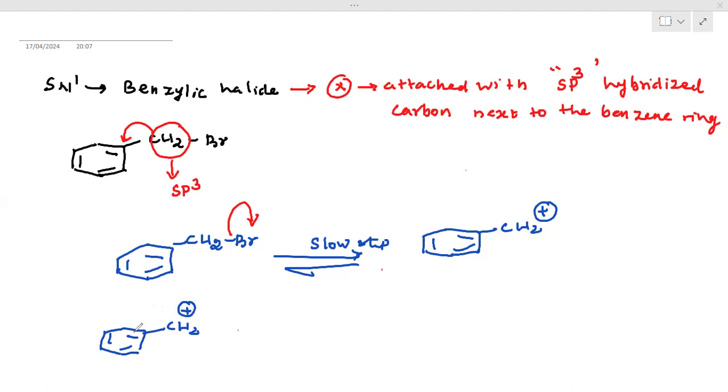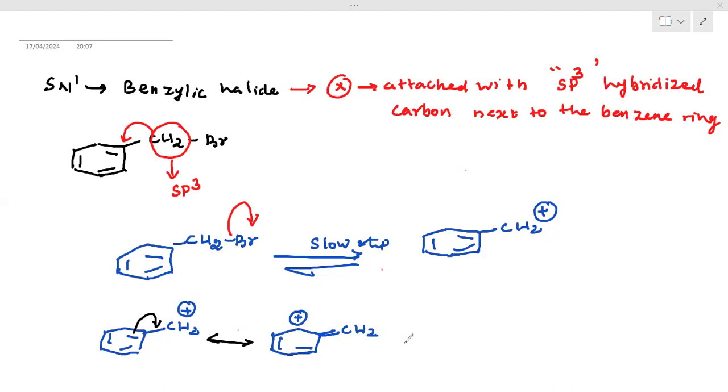This bond shifts here. When this bond shifts, this carbocation is stabilized with this double bond, so automatically the carbon becomes CH plus, then a double bond comes here, CH2 double bond. We can write it as such.